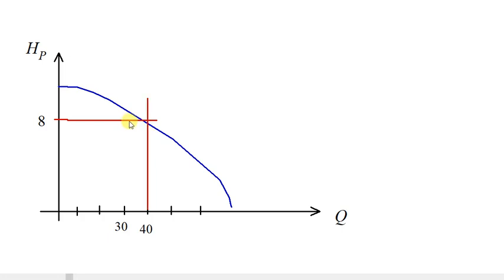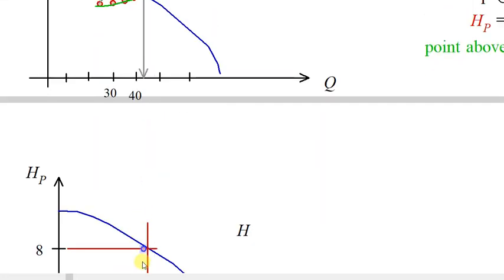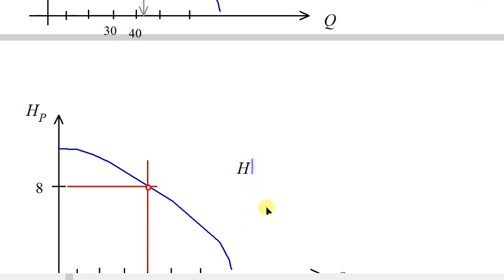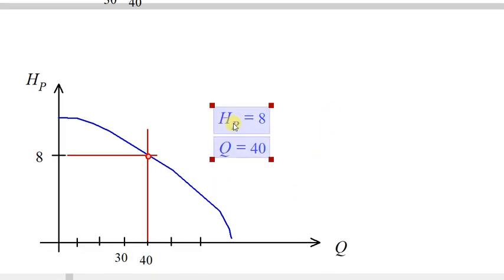Let me make this one lower, I'm only assuming now. This point is 8 meters. So they are saying, why not choose a point which is on the curve already. This point is on the curve, and they say HP is equal to 8 and Q is equal to 40. We are saying life is not that easy. This is not correct at all.